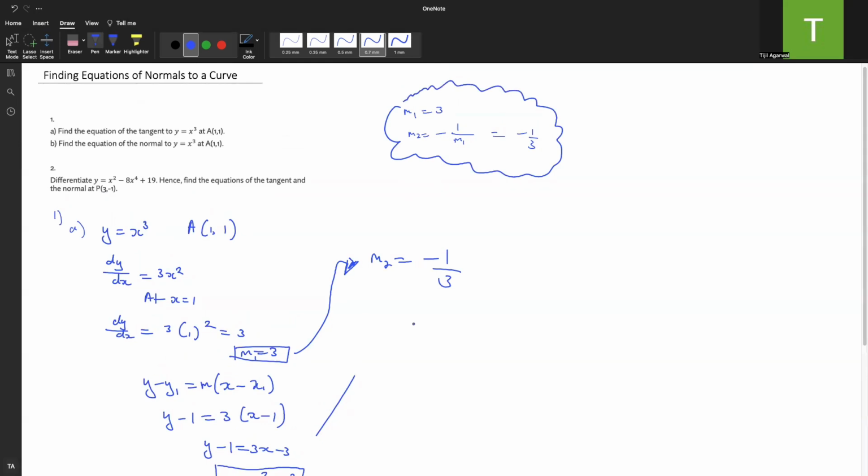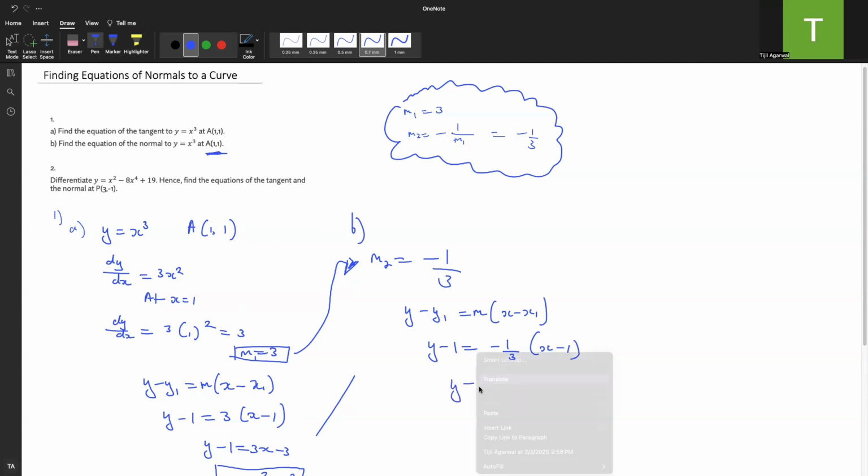Now it's going to be the same point, as you can see here. It's asking us for the same point, A is (1, 1). So again, we're going to use the point-gradient formula. I'll write it down again: y minus y1 is equal to m times (x minus x1). Our y coordinate is 1, the gradient now is -1 over 3, and our x coordinate is still 1.